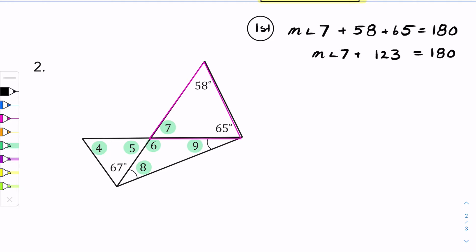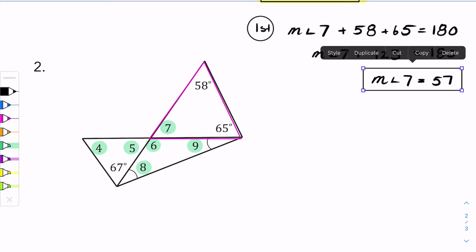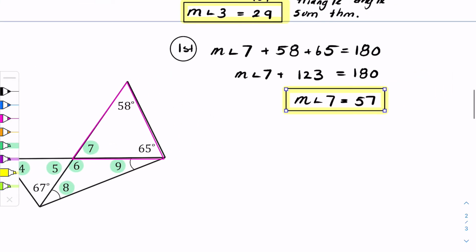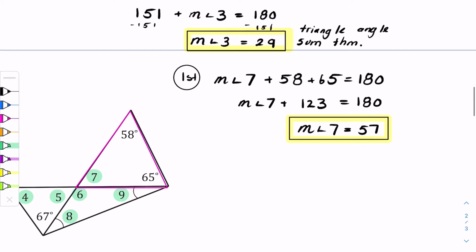When we subtract 123 from both sides, we're left with the measure of angle 7 is equal to 57 degrees. I'm going to make a note that this is the triangle angle sum theorem as far as how we solved for it.